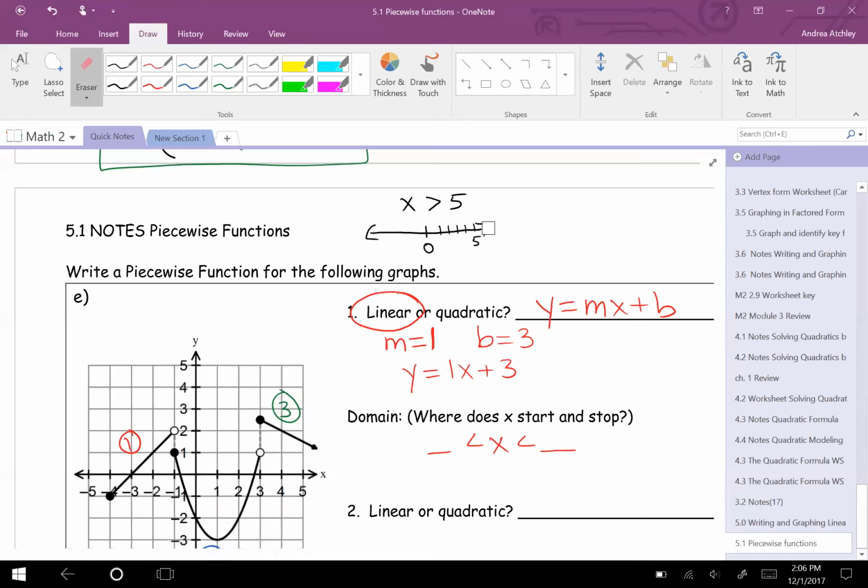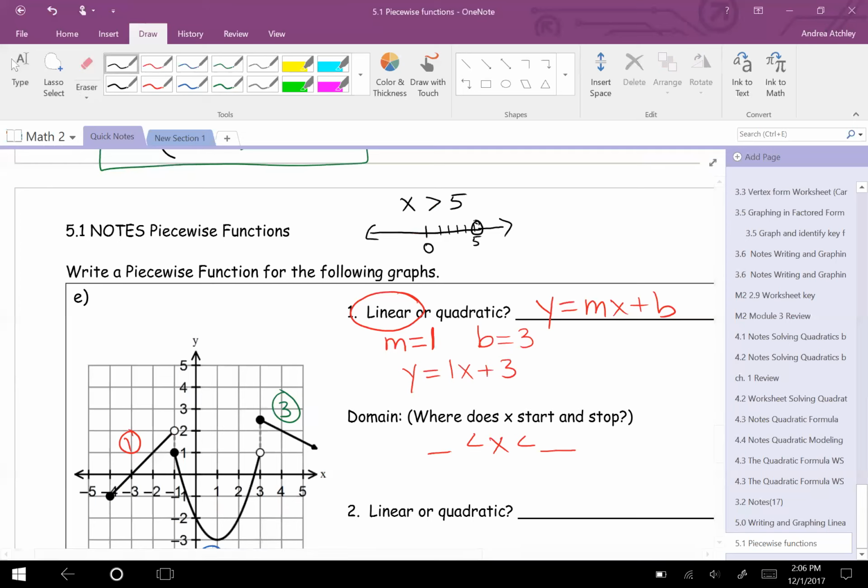Okay. Do you remember how we graph that? How would I graph x is greater than 5? Alexis? Ooh, and why is it an open circle? Because it's not equal to.